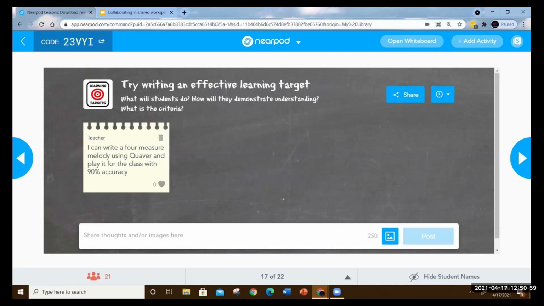Do you know how to play what you wrote? Because anyone can throw notes on a page, right? And then what's the criteria? I want them to be able to play that song with 90% accuracy. In other words, I only want there to be 1 or 2 mistakes, and that will show that they have learned what I wanted them to do.